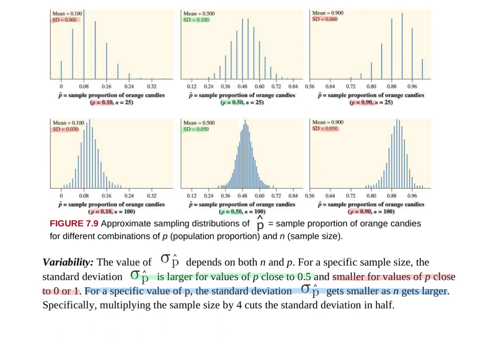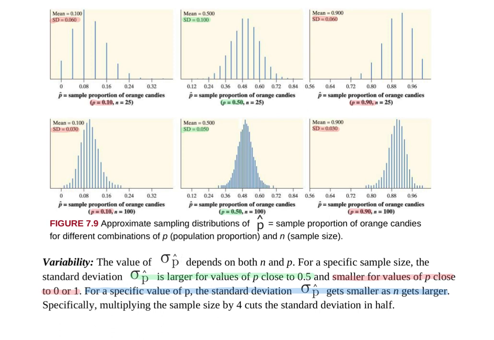So if you have a p-value that is close to 0.5, so somewhere in the middle, that standard deviation is going to be larger than if your p-value was on the ends of the spectrum, so closer to 0 or closer to 1. So if you look at our p-value here of 0.1 or a p-value here of 0.9, our standard deviations are the same. It's going to be 0.030. But if that p-value is in the middle, so at 0.5, our standard deviation actually is 0.05.